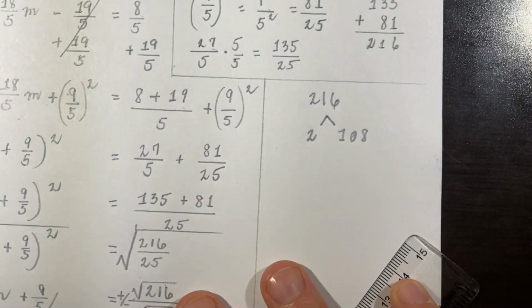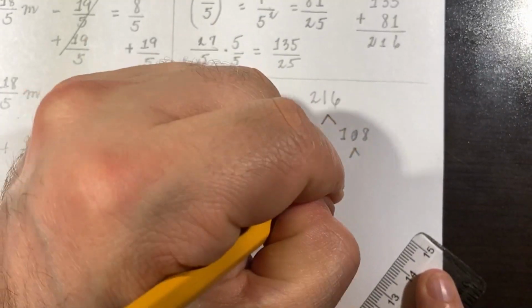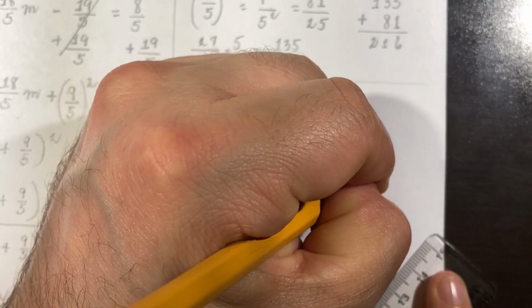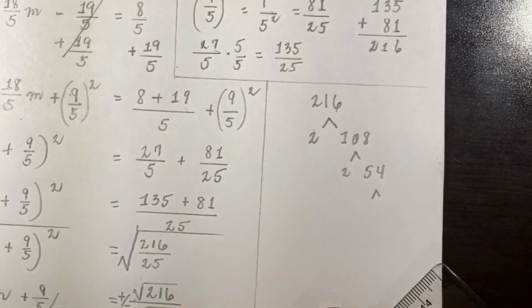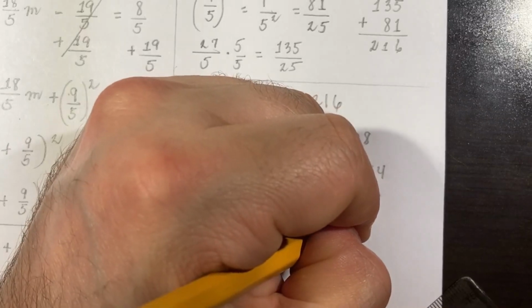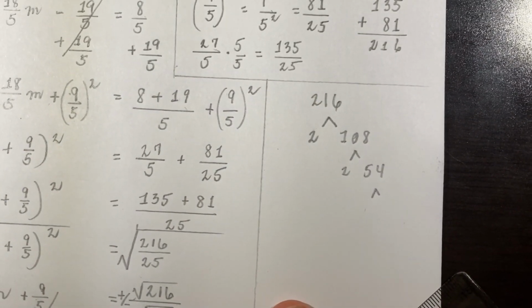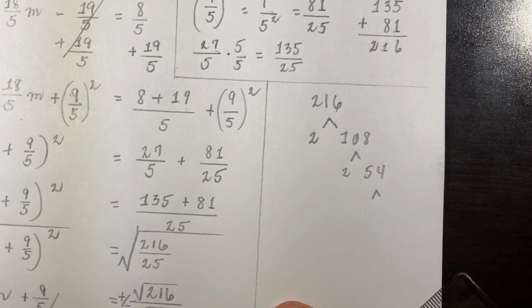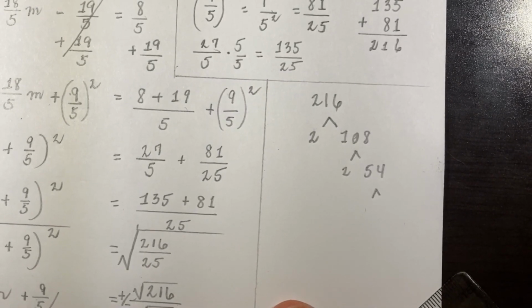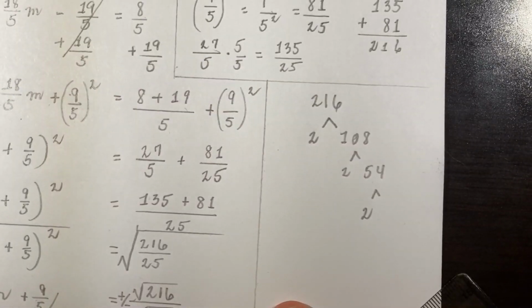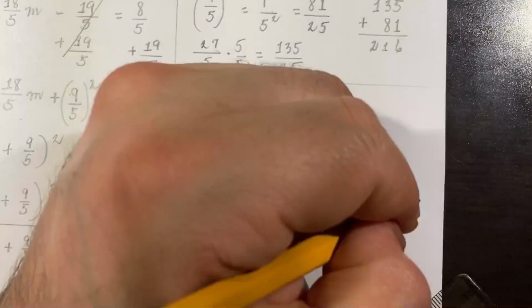But 108 is still even, so we can divide by 2 again, and that would be 54. We can divide by 2 again, and that would be 27.